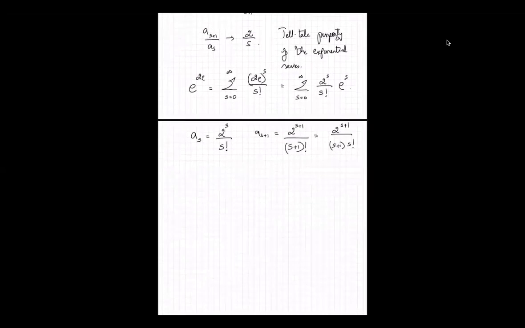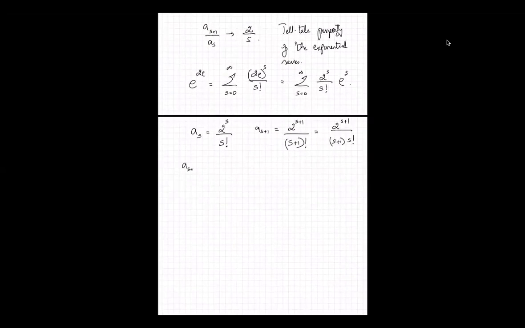So for very, very large s's, for an exponential series, the ratio of the successive coefficients goes to 2 to the s plus 1 divided by s plus 1 times s factorial, times s factorial divided by 2 to the s, which is 2 over s. Since I'm looking at very, very large s's, I approximate s plus 1 as just s.